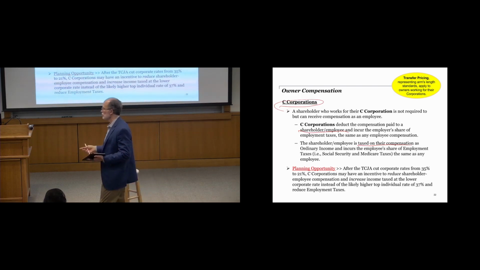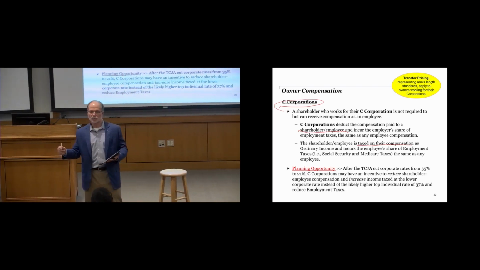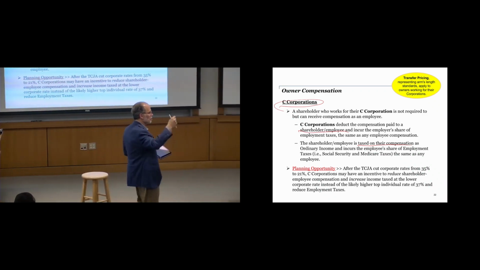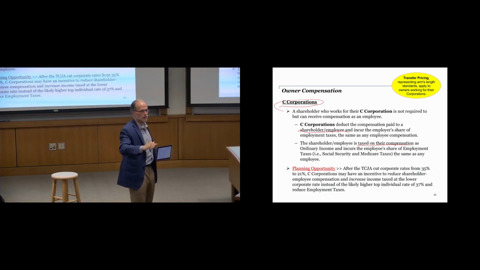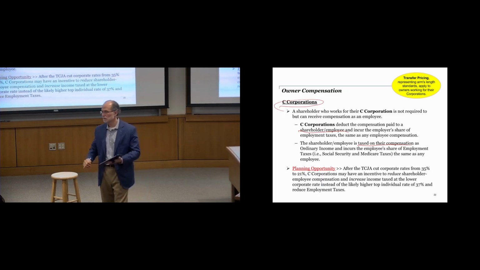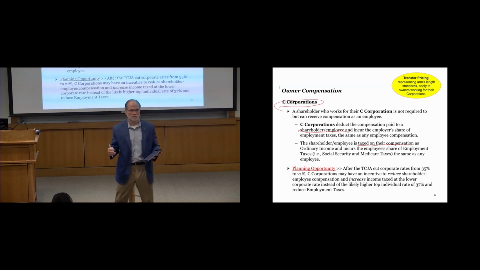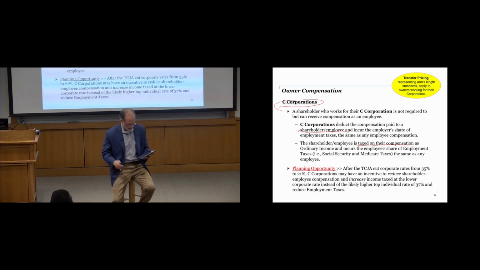There's no special status to them by virtue of being an owner as well as being an employee. Paid compensation goes on their tax return, and it's a deduction on the corporate tax return. The employment tax implications are exactly the same as any other employee.